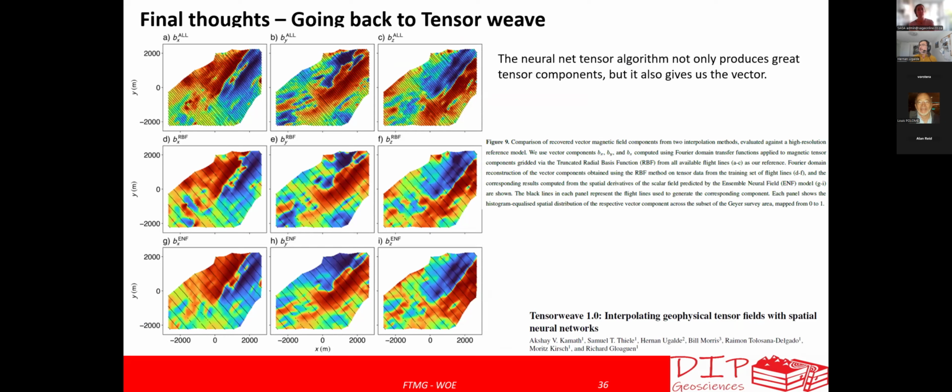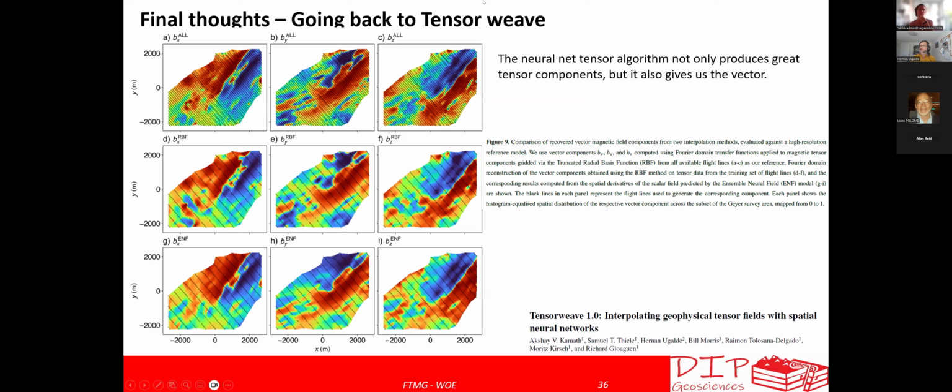And then another thing, going back to Akshai's paper here, is that using his algorithm for full tensor interpolation, another beauty of it is that you interpolate the tensor, but it also gives you vector components.